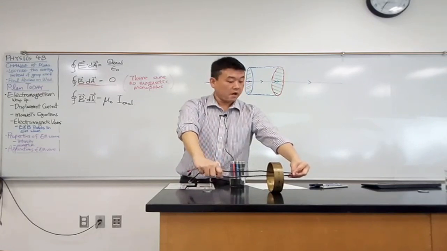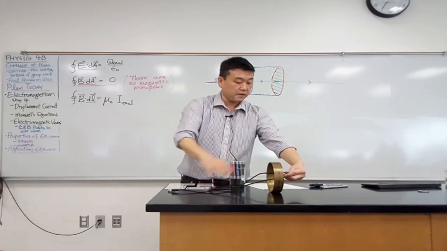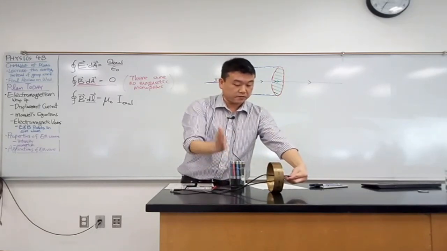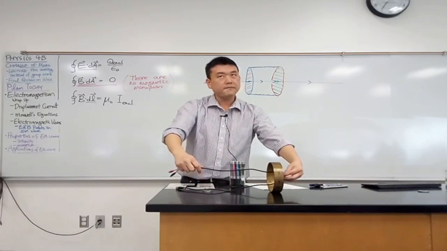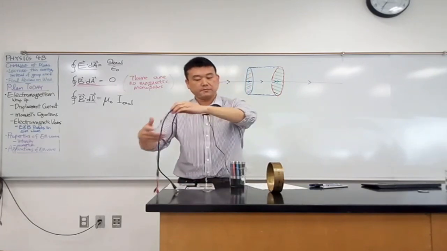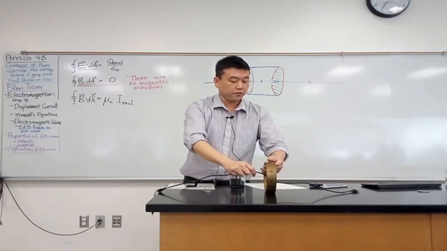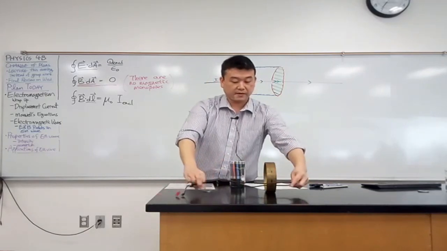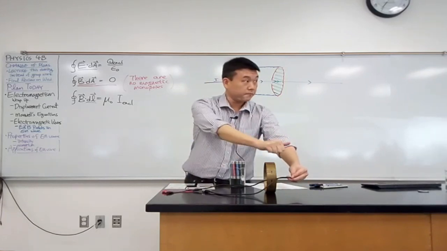Still 0, right? What if you pick the cylindrical surface with this end being closed? It's still 0. Okay, let me try changing the circumstance a little bit. If I pick this one where the current goes through and then loops around like this, then you have non-zero net current going through.